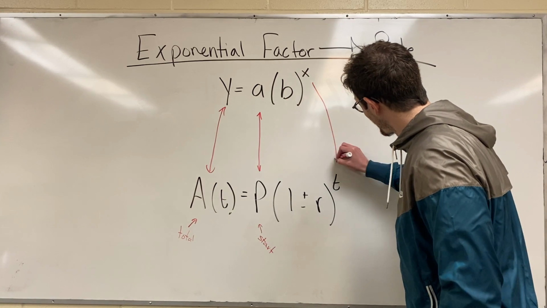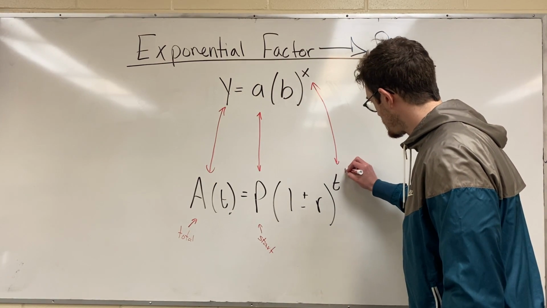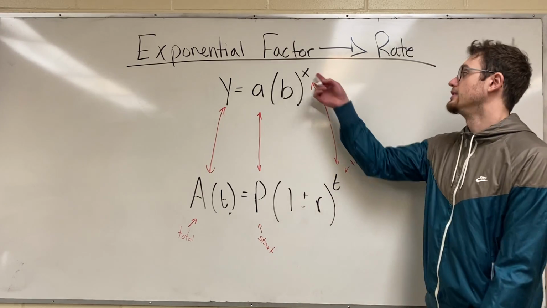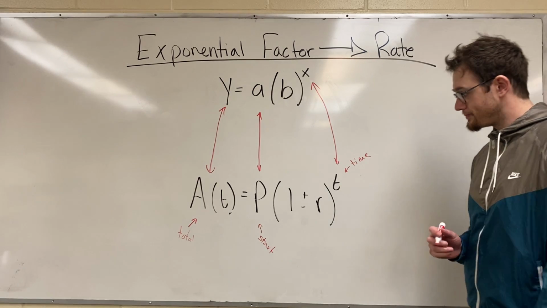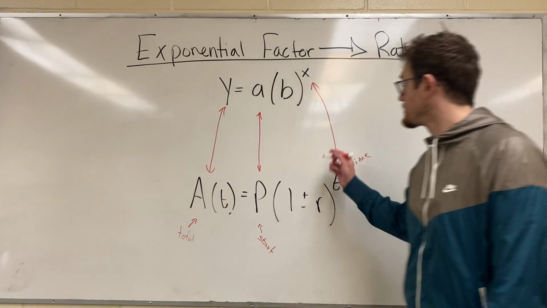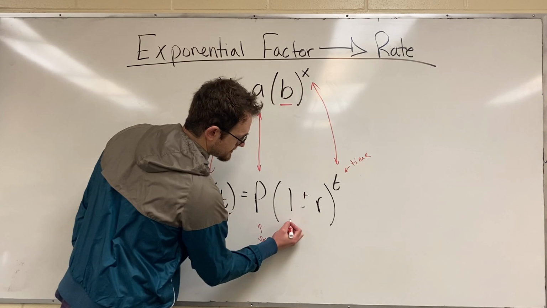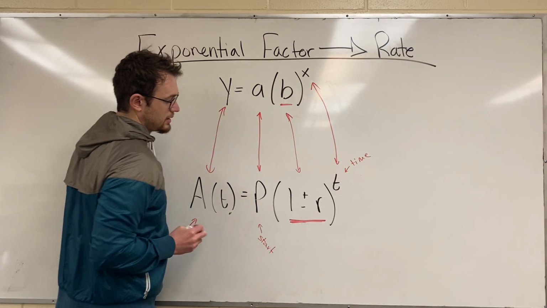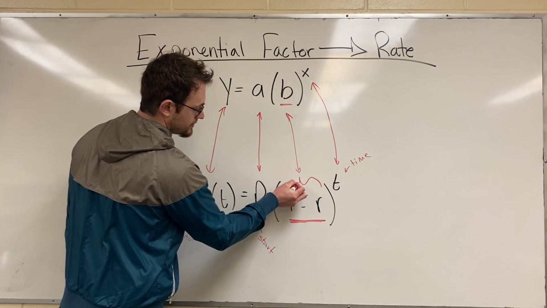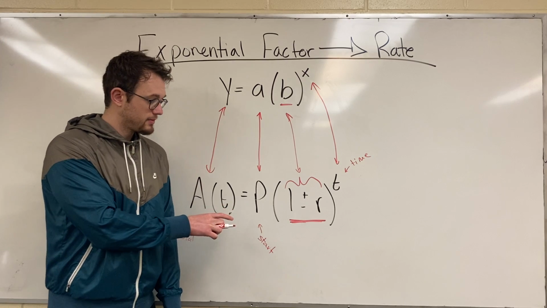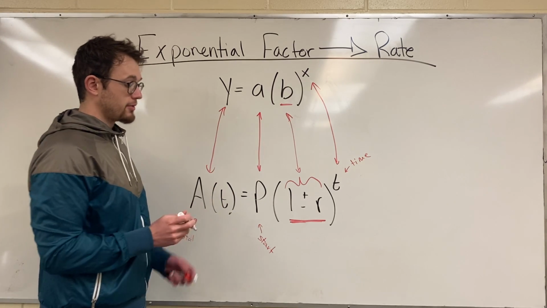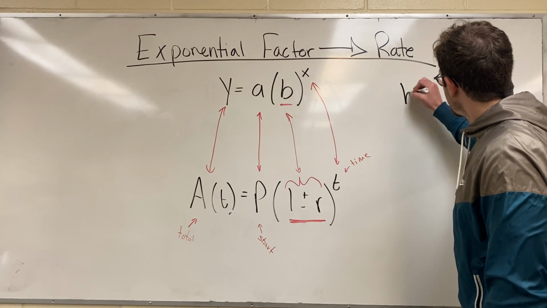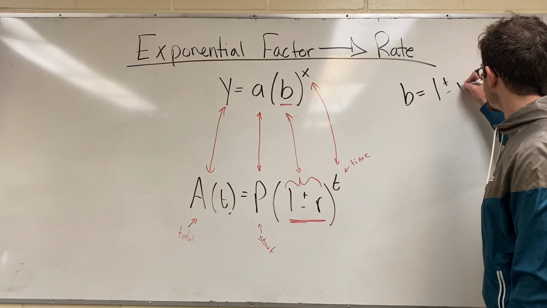And this is still time, which makes a lot more sense now because it is actually T instead of an X. The difference is this one and that one. That whole bit right there is B. So I'm going to write it over here. B equals 1 plus or minus R.